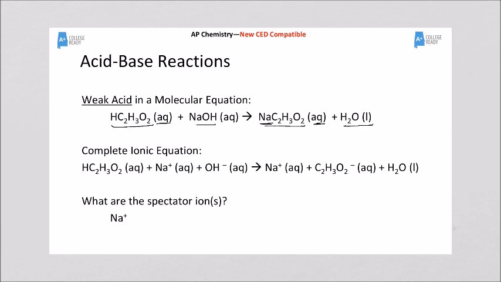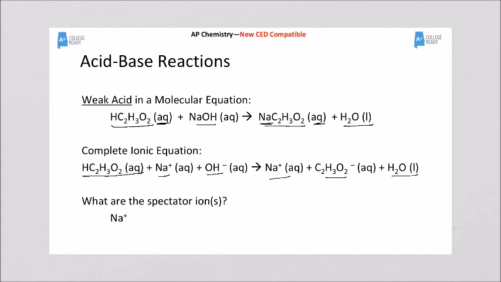So even though this has an AQ, when I do my complete ionic equation, I cannot break this up into ions. That's the key, and you just have to make a point to remember that. It's super important. The strong base still breaks up just like we saw in the last example. And if my salt is soluble, it also breaks up into ions, and then I have my pure liquid water.